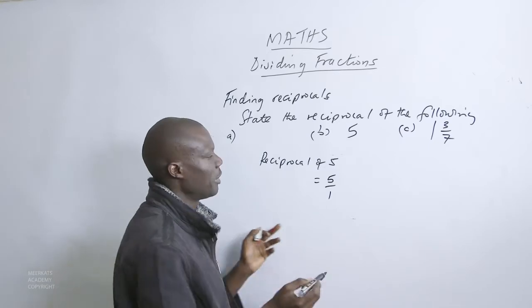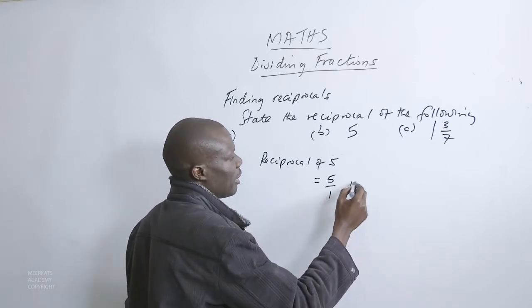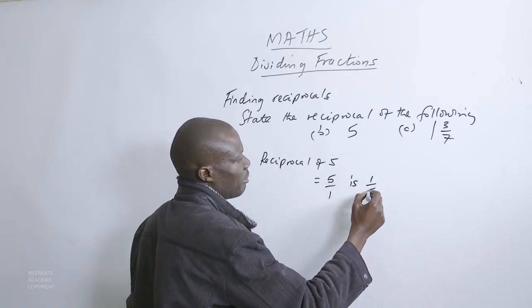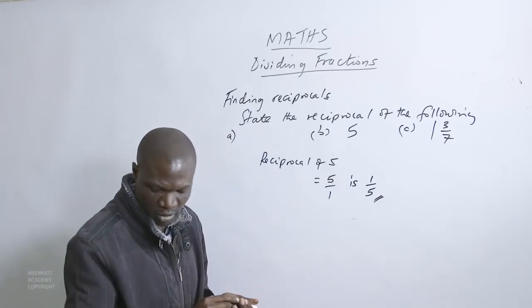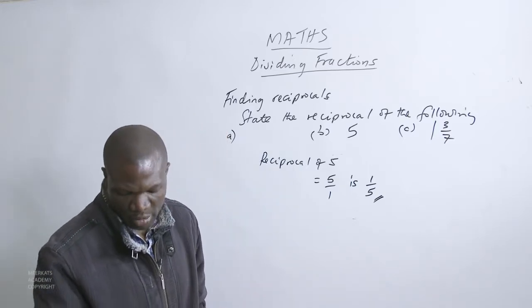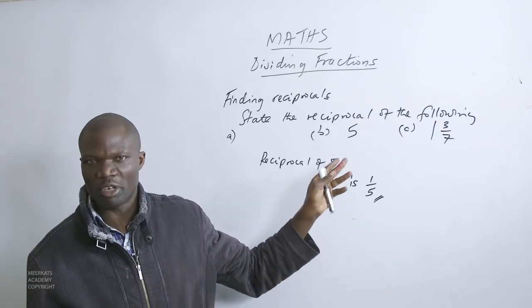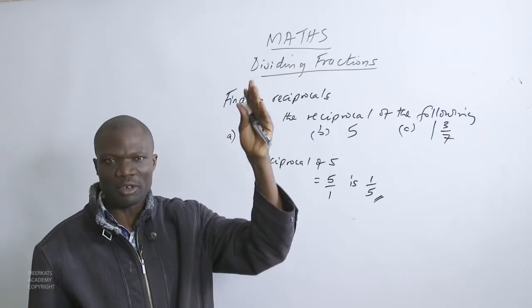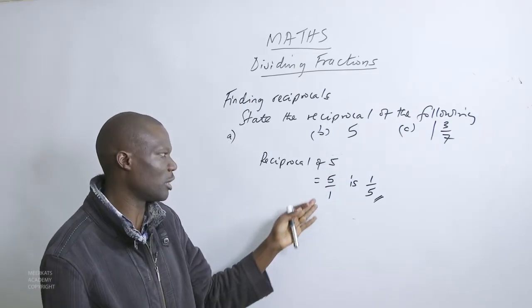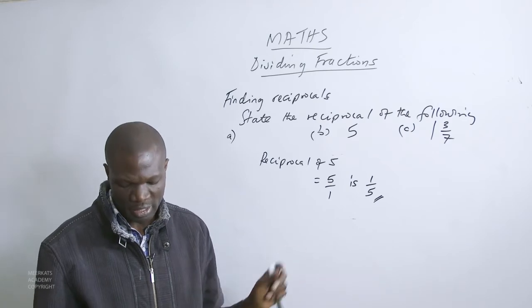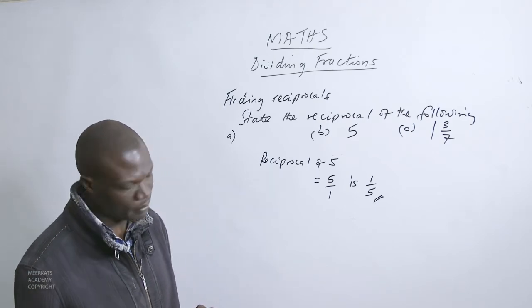Then we swap the denominator and the numerator, and we find it will be 1 over 5. So we should look at 5 as the same as 5 over 1, and then we swap the numerator and the denominator.